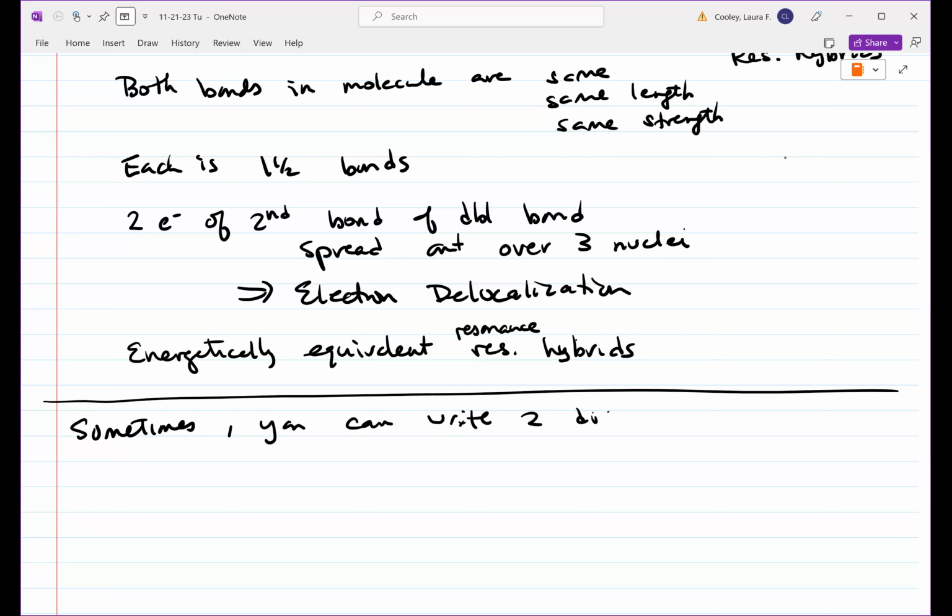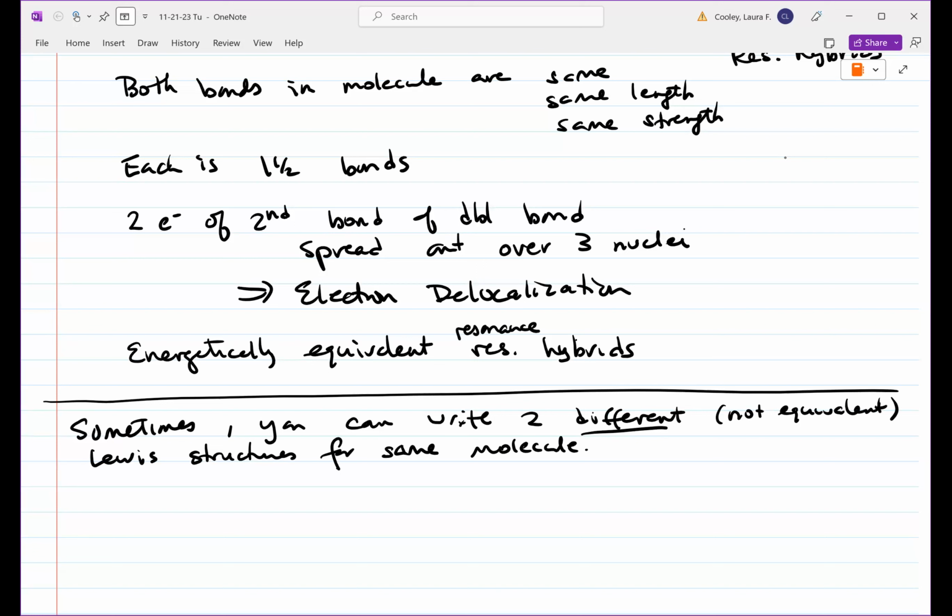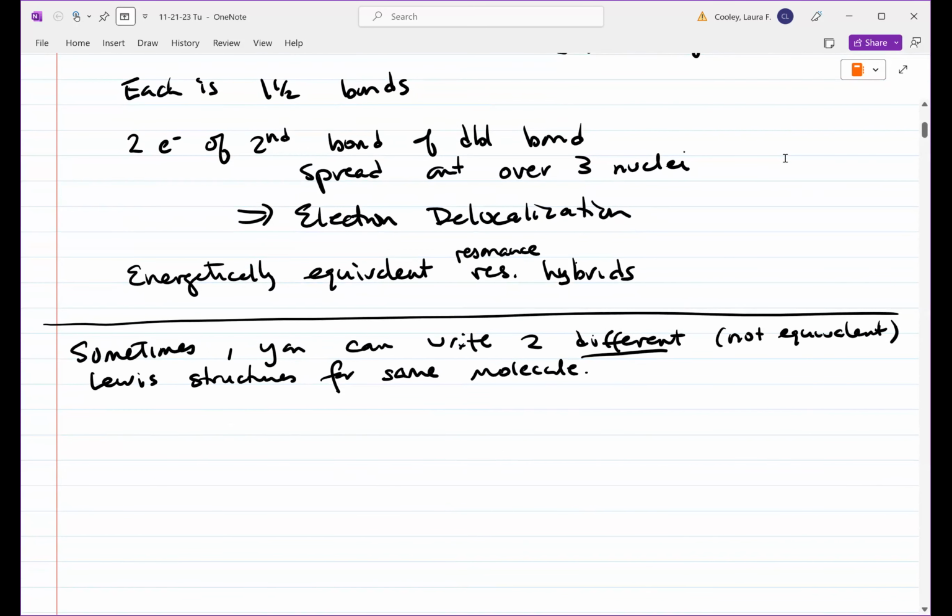Okay, so sometimes you can write two different, not equivalent, Lewis structures for the same molecule. And in that case, you would want to know which of these is the better structure.